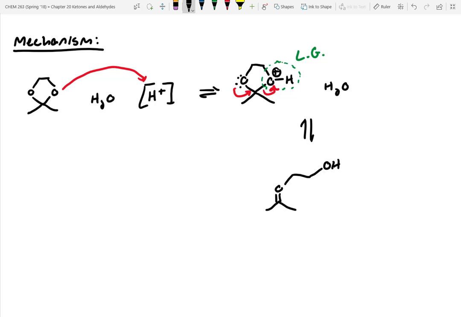Now it looks a little bit funny. Looks like this. We still have water floating around. And water can reach in and attack.